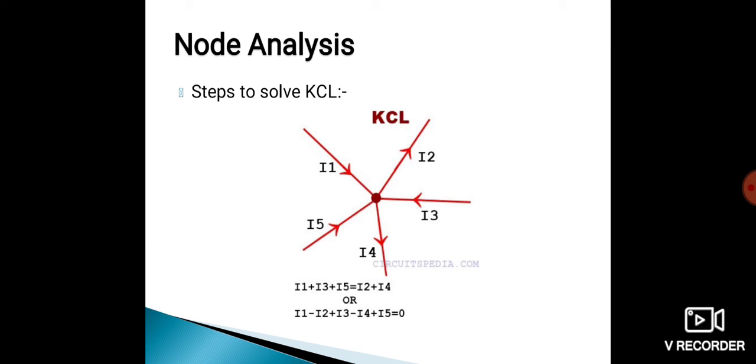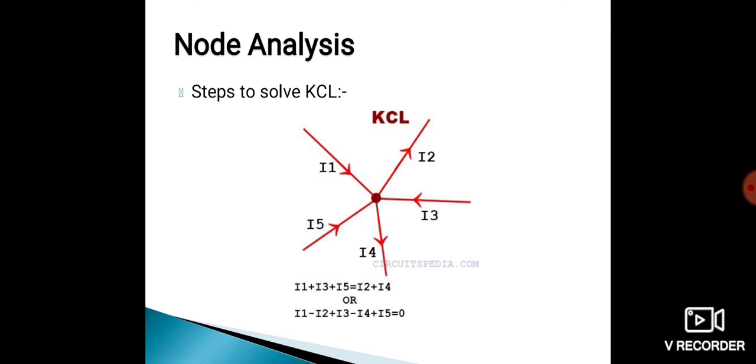So this condition can be written in two ways. One representation is the sum of incoming current is equal to the sum of outgoing current. So here we have a total of 3 incoming currents, that is I1, I3 and I5, so they are written on the left side.